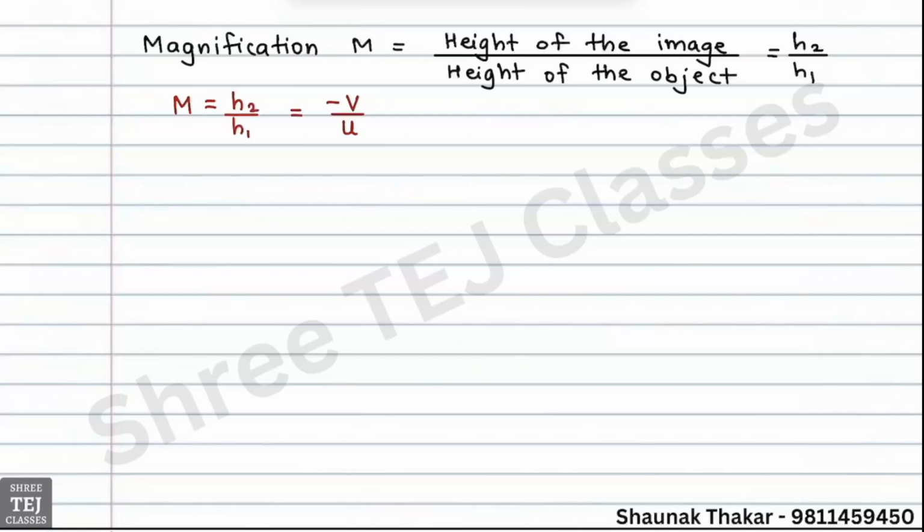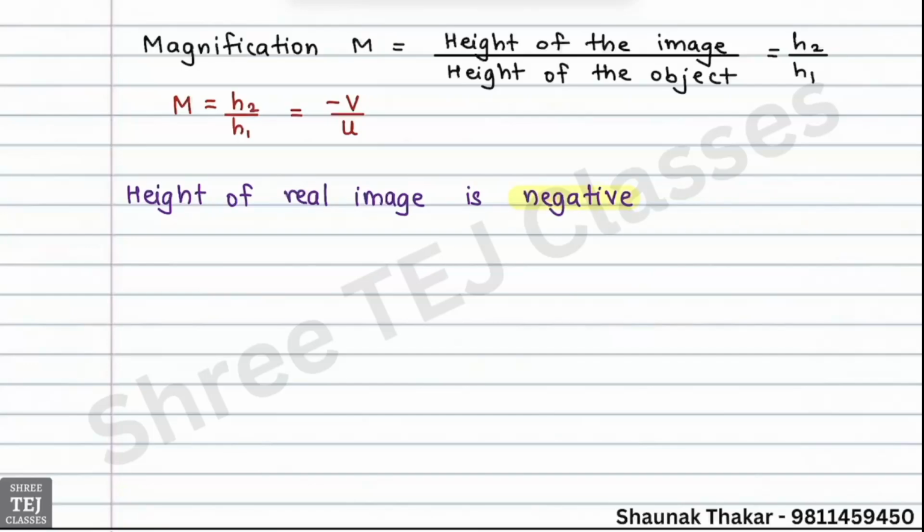Hence, what will be height of a virtual image? It will be positive. So, let us write it down. Height of real image is negative. Height of real image is negative.